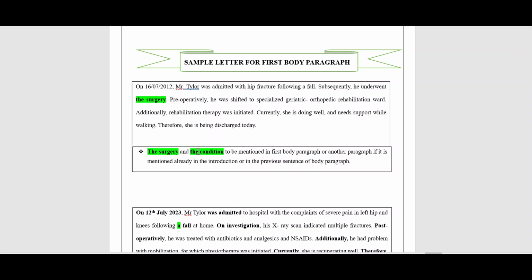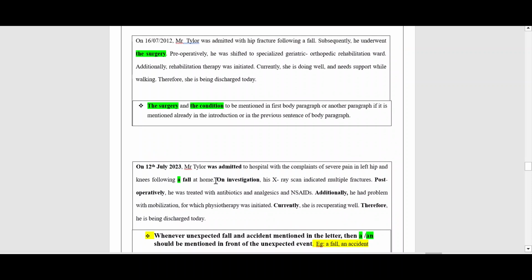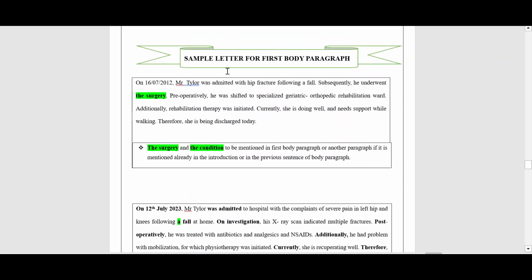Sometimes the diagnosis may come up, and when you need to mention the diagnosis or the surgery, you need to say it with "the condition". For example, on admission he was diagnosed and admitted with a hip fracture after a fall, so he underwent the surgery. The surgery is already mentioned in the introduction part.